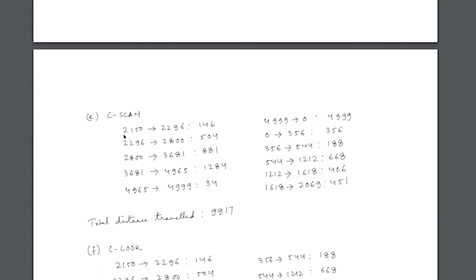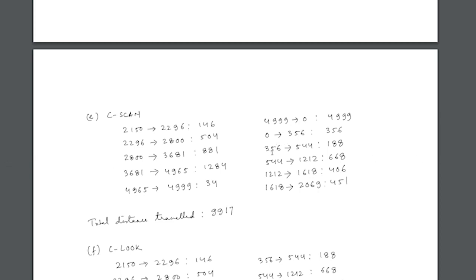But in C-SCAN, what's going to happen at 4999 is that from 4999, it is directly going to go to 0. So on the way back, it is not going to service any requests. Only after it reaches 0 will it then go from left to right again and take care of all the unserviced requests in the order it sees them. So at 0, it will see 356 on the way from left to right.